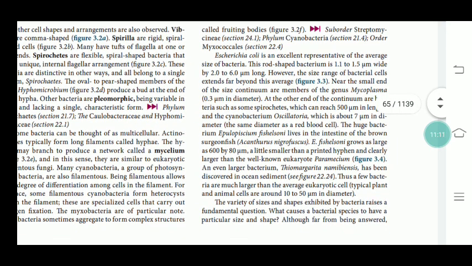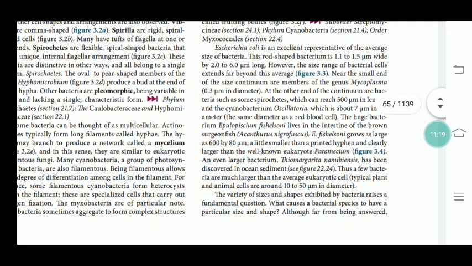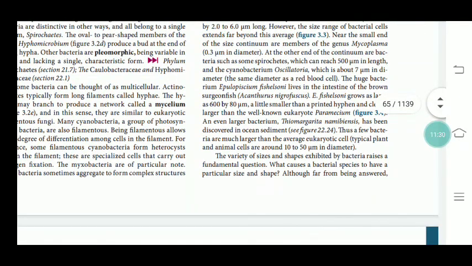The huge bacterium Epulopiscium fishelsoni lives in the intestine of brown surgeonfish and grows as large as 600 by 80 micrometers, a little smaller than a printed hyphen and clearly larger than the well-known eukaryotic Paramecium.